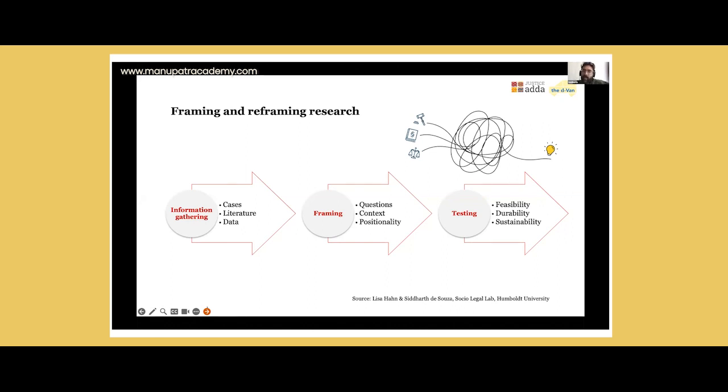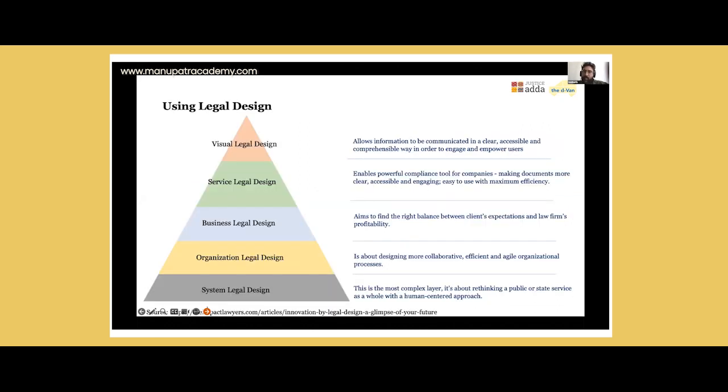Legal design can take very different roles. It can be aspects related to visual legal design, and we'll give you some examples of this. It can also be thinking about services. It can be looking at the business practices of a law firm and law firm profitability. It can also be thinking about organizations and how we can build more efficient and agile organizational processes.